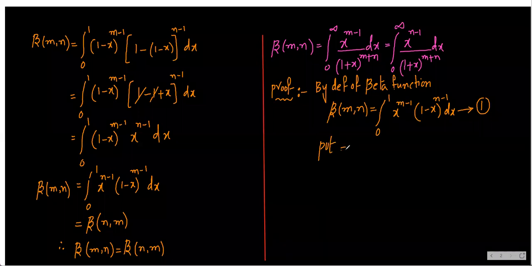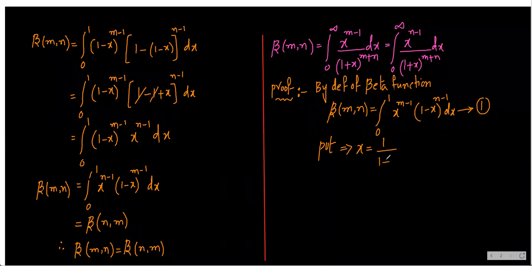Put. What we are going to put in our substitution part, in place of this, actually x power m minus 1, we got it already. We require only the denominator. So for that purpose, what I am doing here is put x is equal to 1 by 1 plus y. ये 1 plus x के जैसा denominator बना रहा हूँ मैं, 1 plus y. बाद में variable change कर ली.